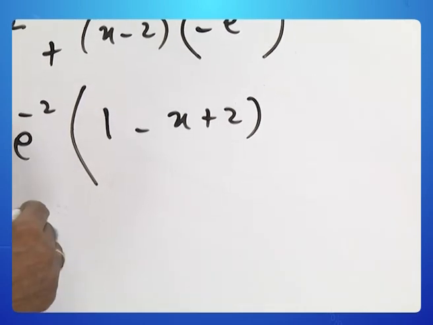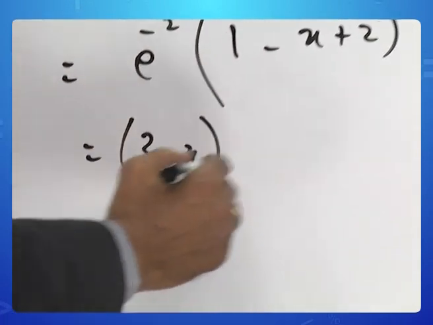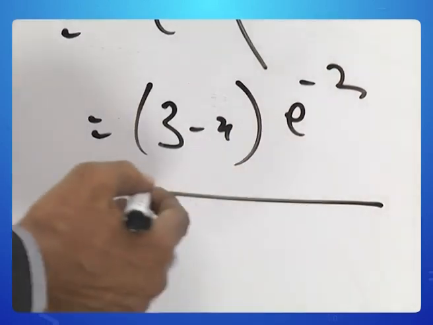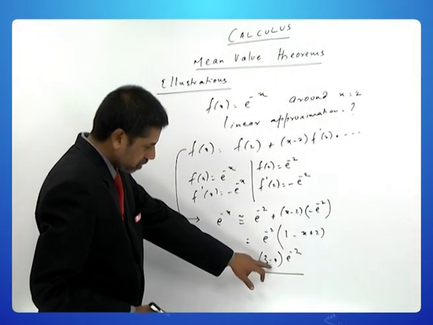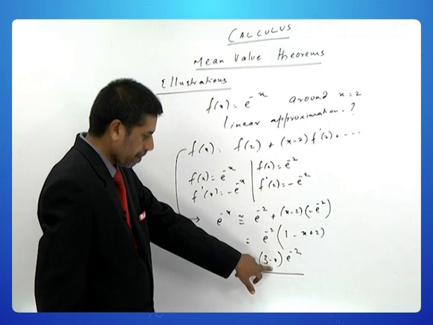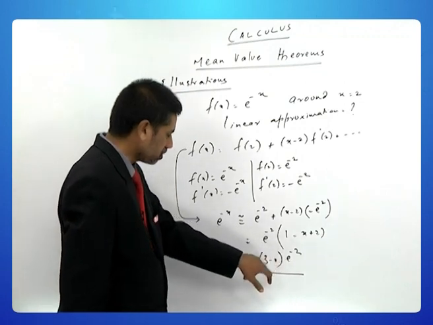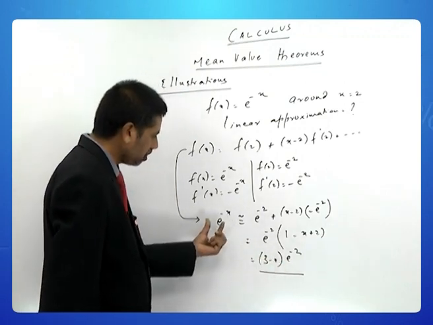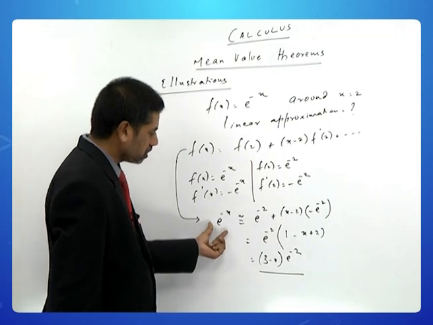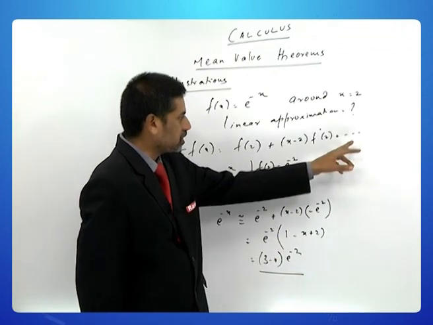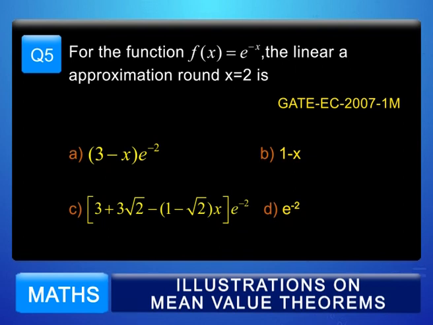So you will get 3 minus x times e power minus 2. So look at this, you got a first degree polynomial into some coefficient. So therefore, this is the linear approximation of e power minus x. If the question was quadratic approximation, you extend this series by one more term. Correct option for this problem is A.